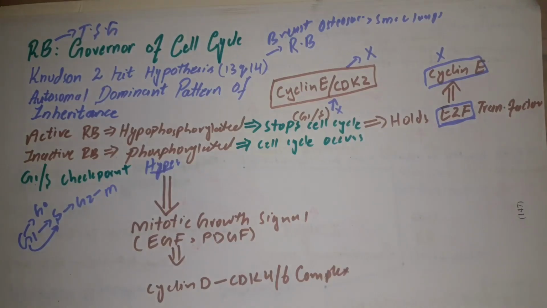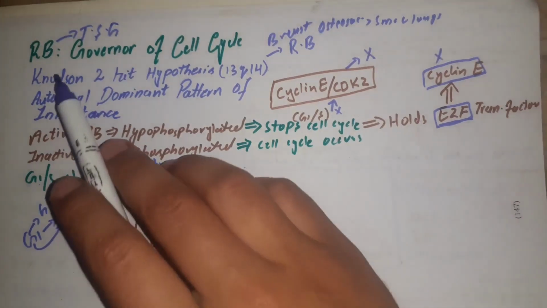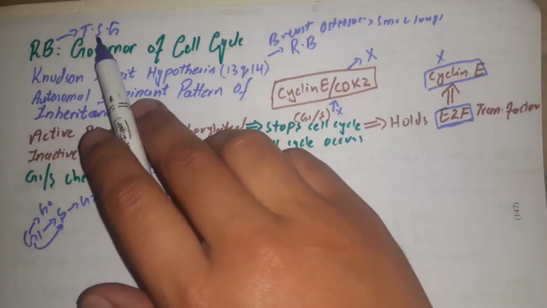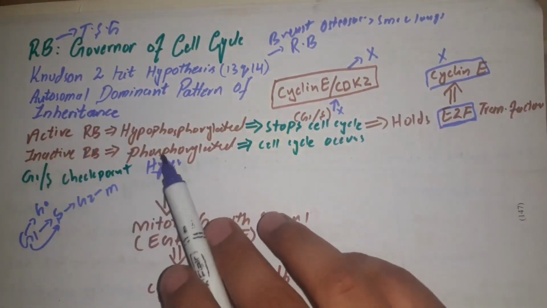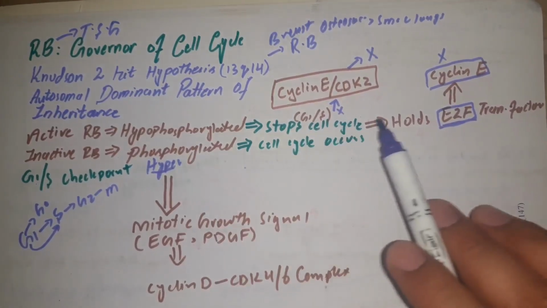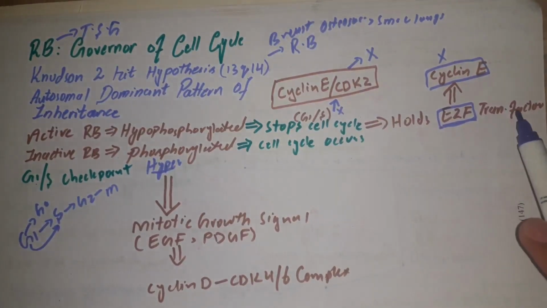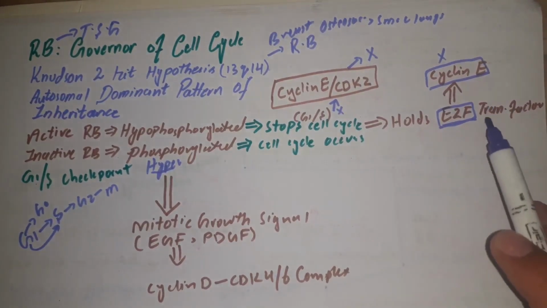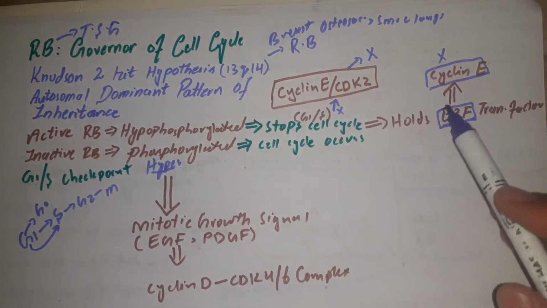So remember, retinoblastoma is a tumor suppressor gene. When this tumor suppressor gene is active in its hypophosphorylated form, it stops the G1S transition. How does it stop? It stops by holding the E2F transcription factor, and when the E2F transcription factor is not available, cyclin E is not produced.